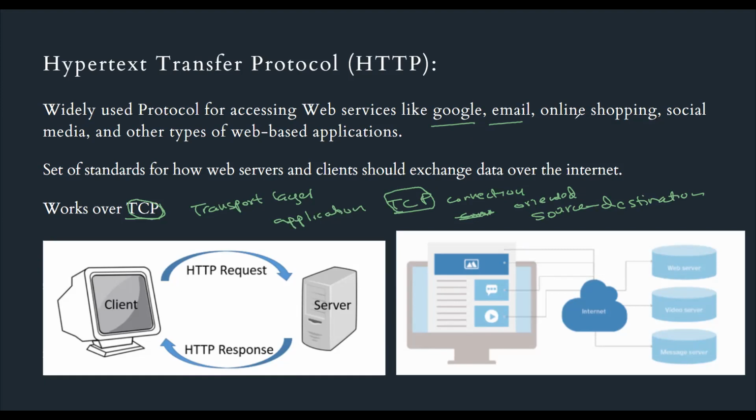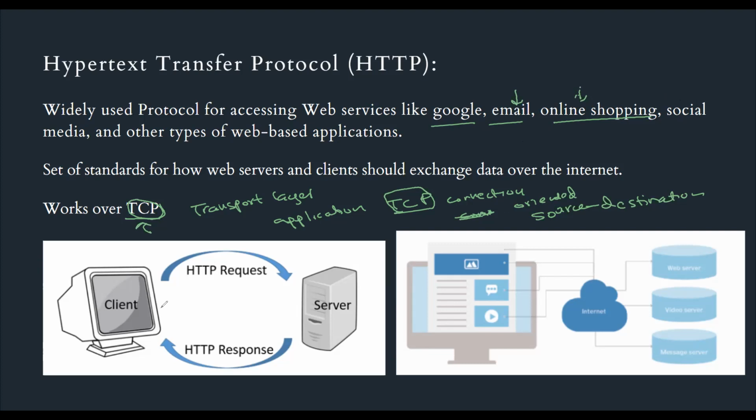Once we are accessing personal information which is available in our email, in online shopping, or in banking apps, we need to use a very reliable communication protocol that does not cause data loss. In such cases, we use the TCP protocol as the transport layer protocol.